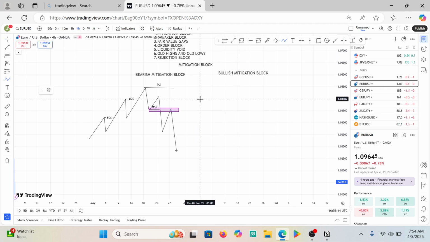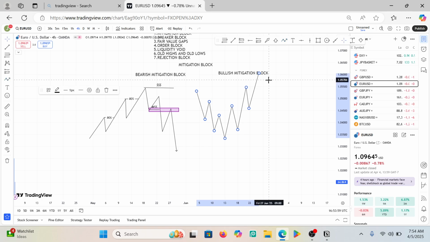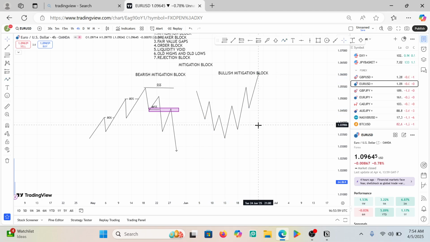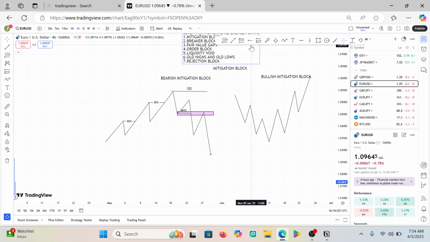And a bullish mitigation block. The market was recently forming lower highs and lower lows.